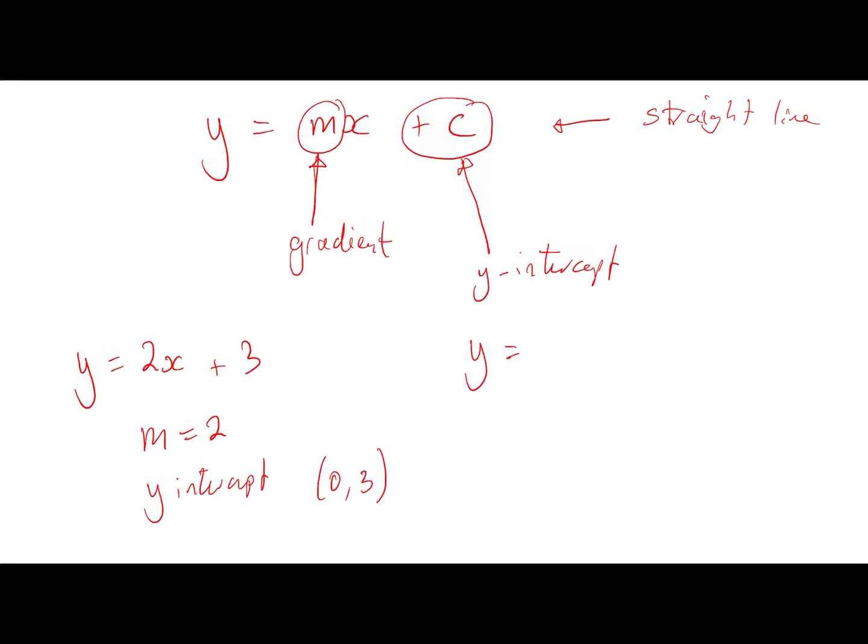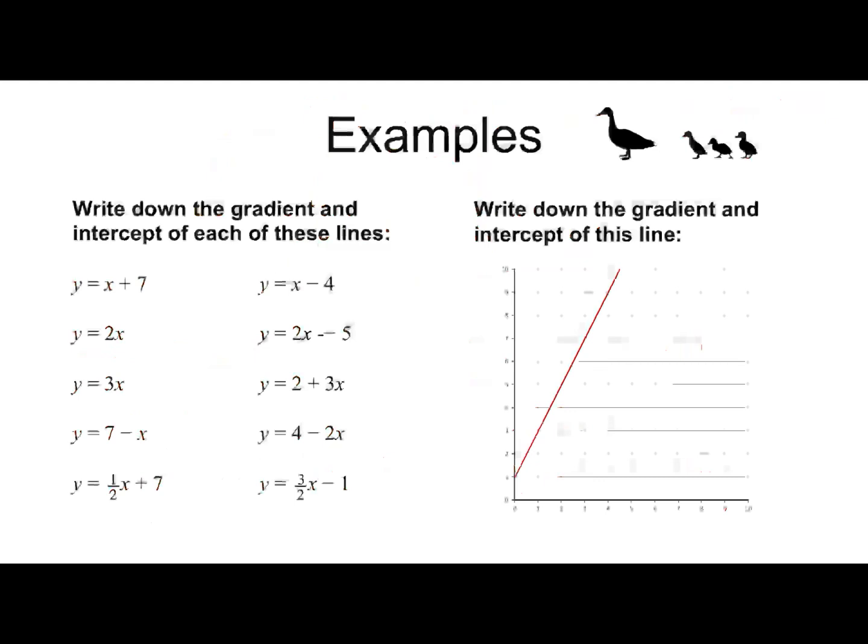Okay? If I have an equation that looks like y equals minus 2x minus 4, then the gradient is negative 2 and the y-intercept is 0, negative 4. The x value is always 0 at the y-intercept, okay?